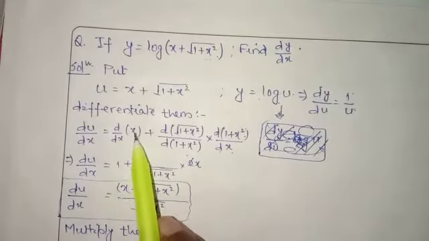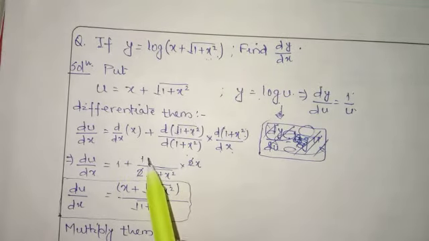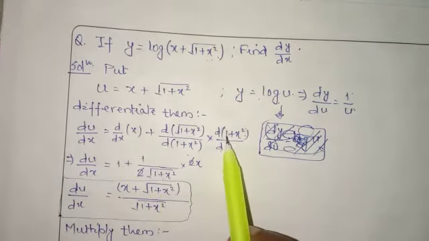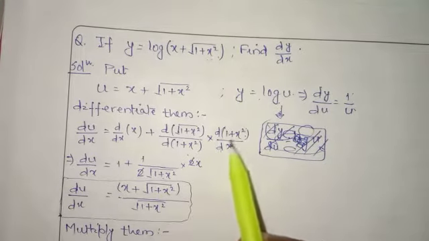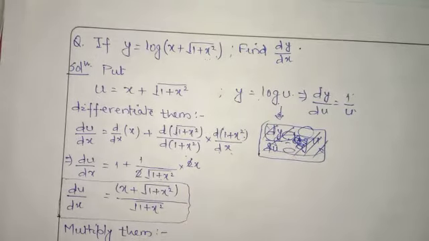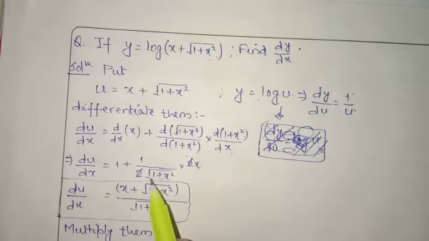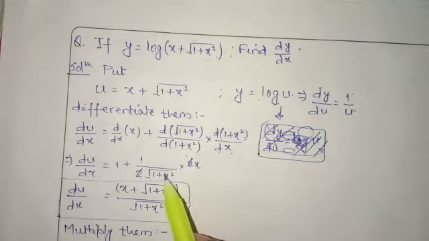Now differentiation of x is 1, and the derivative of root x is 1 by 2 root x, and differentiation of 1 plus x square is 2x. 2 and 2 cancel. Now it is 1 plus x by under root 1 plus x square.